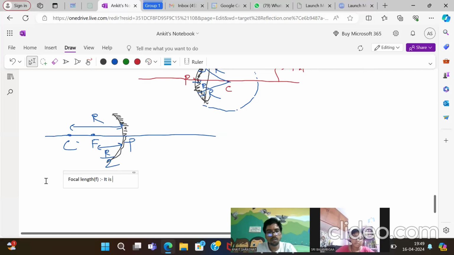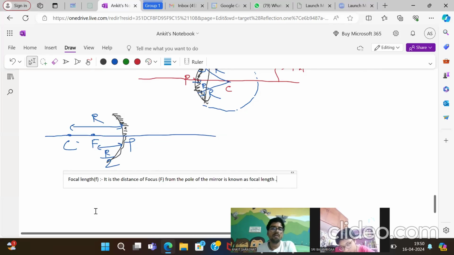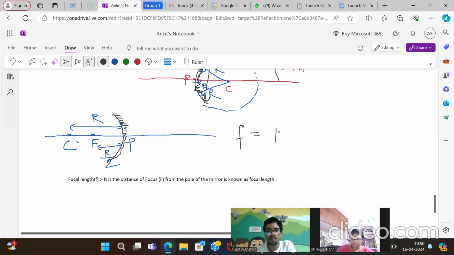It is the distance of the focus from the pole of the mirror. It's known as focal length. So this F, focal length, is F is equal to R by 2.